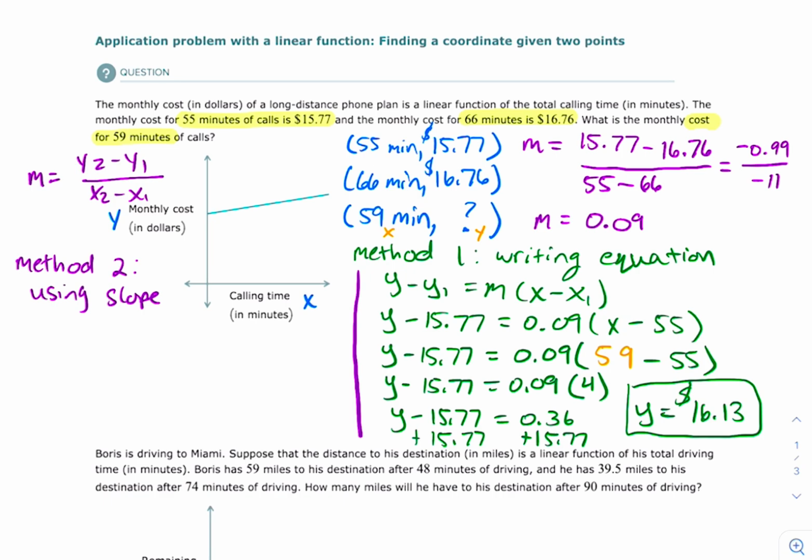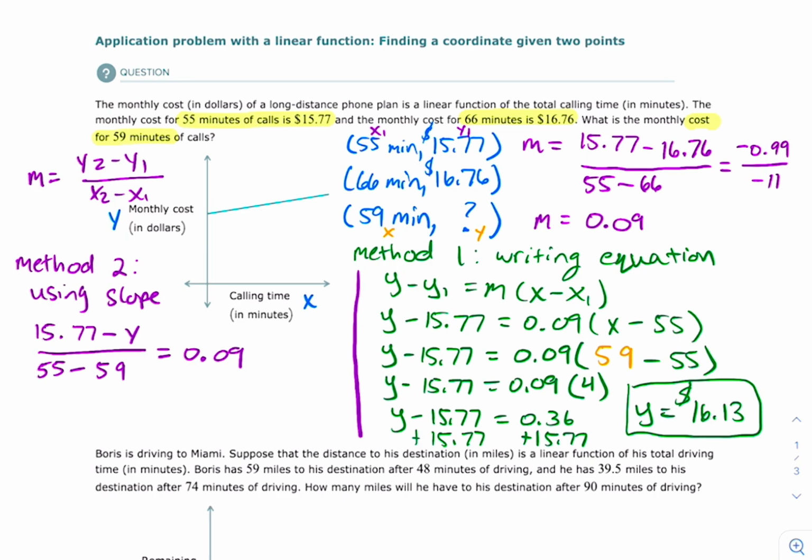Okay. So if we do that, this one is my x1 and my y1. So I'm going to take my 15.77 minus my missing y value that I don't know over 55 minus the x value of that 59, and then that will be equal to the slope that we already found.